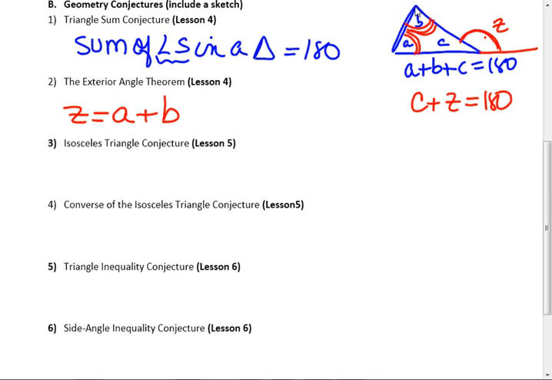Okay, what about the isosceles triangle conjecture? If you have an isosceles triangle, what does that tell you? The base angles are congruent. I do it with visuals.